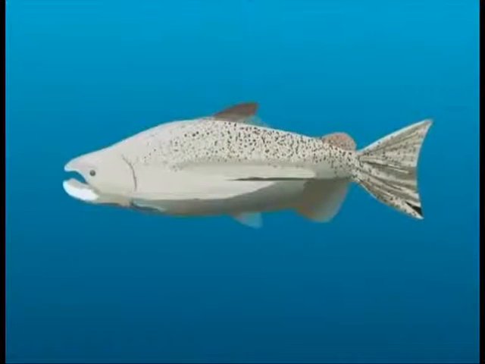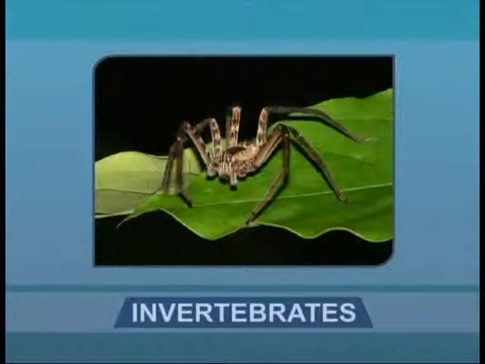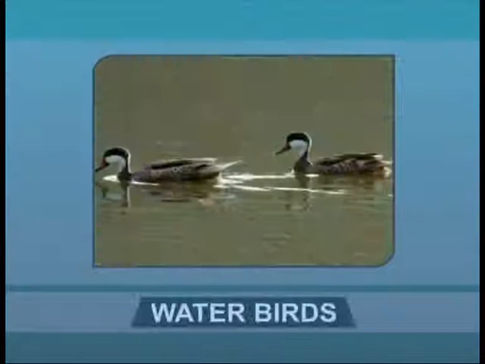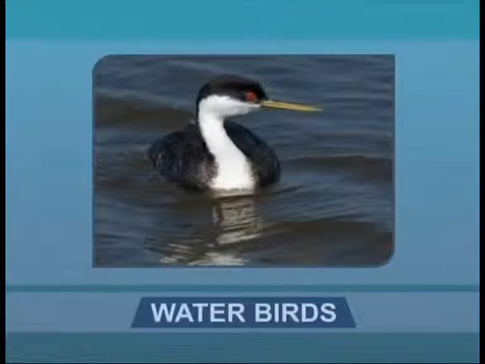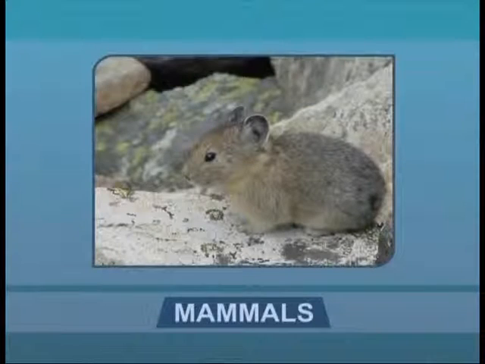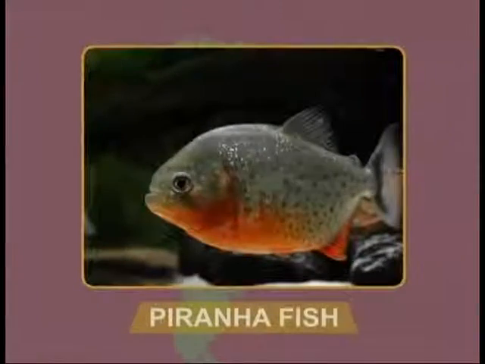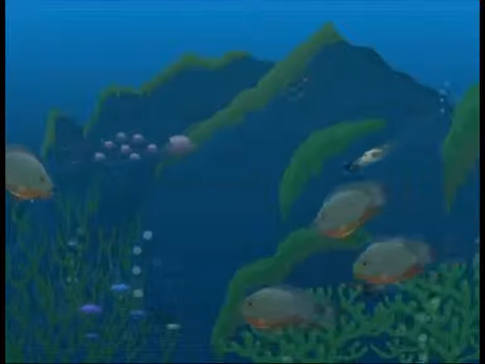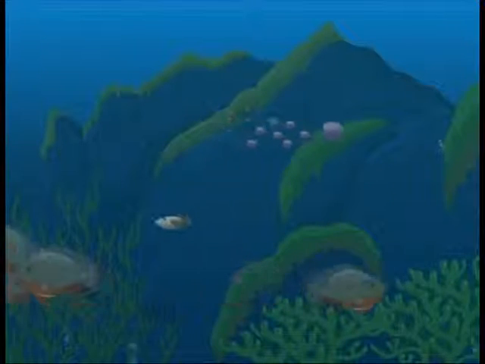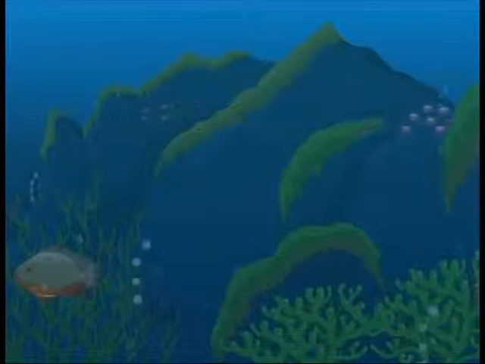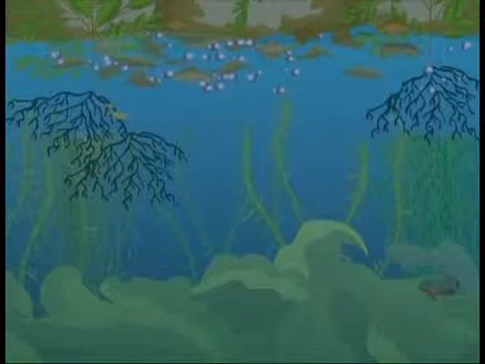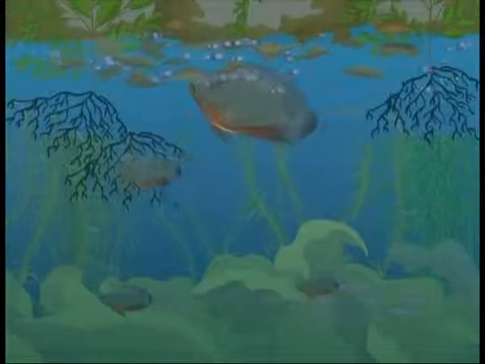The food of these fishes includes invertebrates, other fishes, or sometimes even water birds and mammals. The red-bellied piranha is the most fearsome one living in the Amazon. They hunt in groups and attack their victims with razor-sharp teeth. In contrast, there are also piranhas that survive on berries dropped by trees in the flooded Amazon forest.